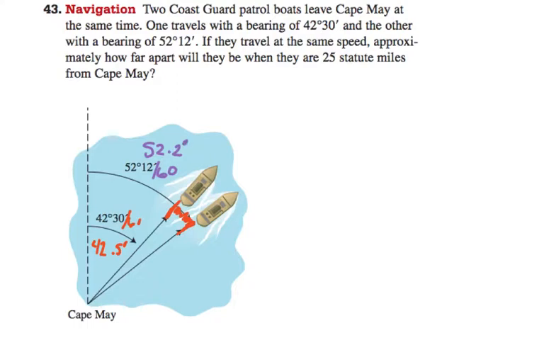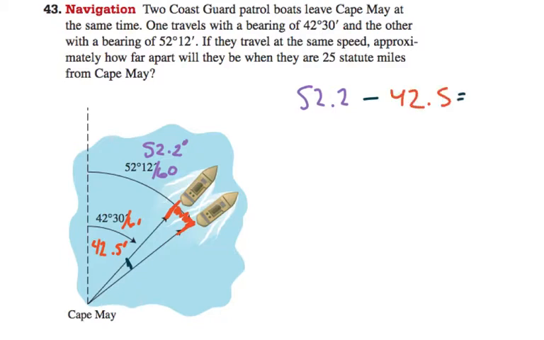Alright. And so we're actually going to do 2 arc lengths and then subtract them. Or we could do 1 arc length and subtract the angles to begin with. So the angle of this actual arc that we're trying to find the distance of is going to be 52.2 minus 42.5.